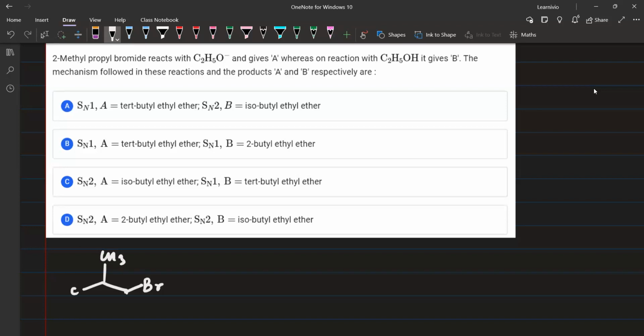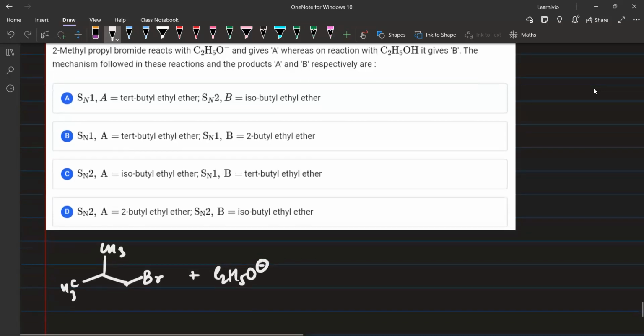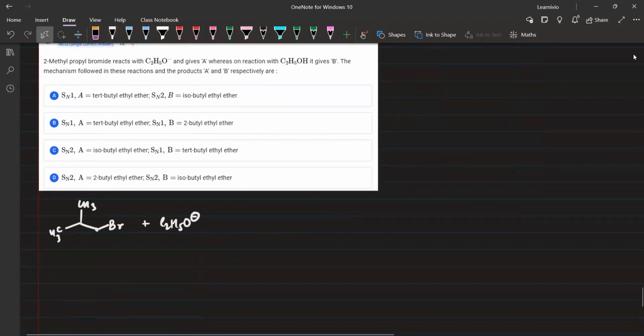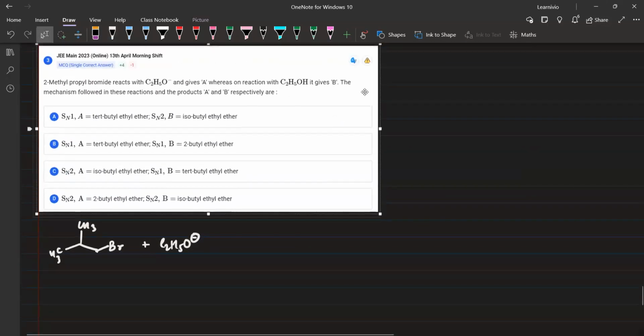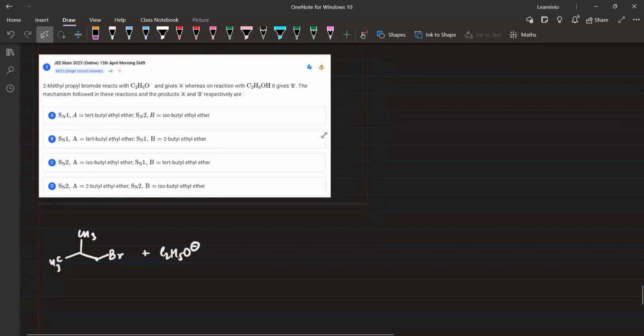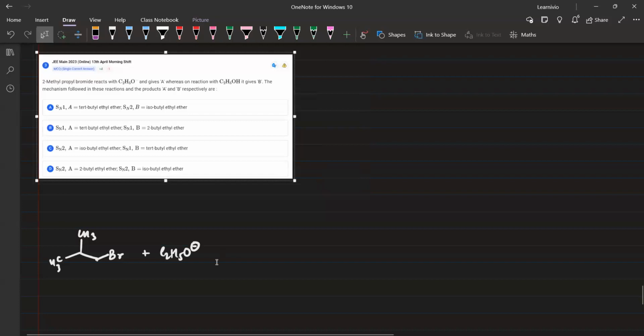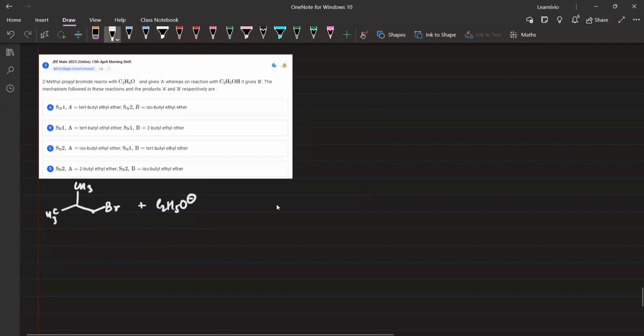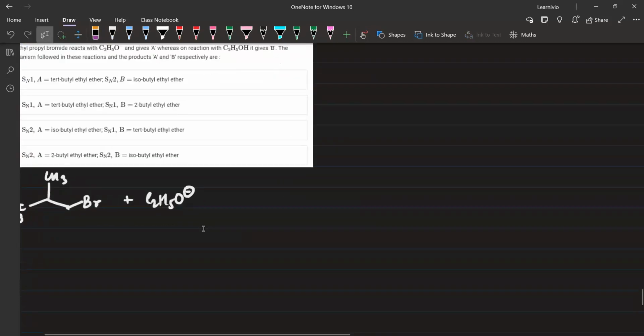Fine. Plus we have C2H5O negative. Next we have, let me just decrease the size. Okay. Next what we are having?